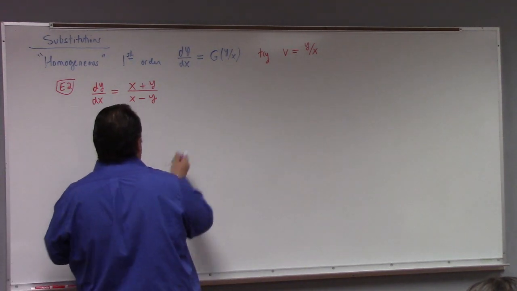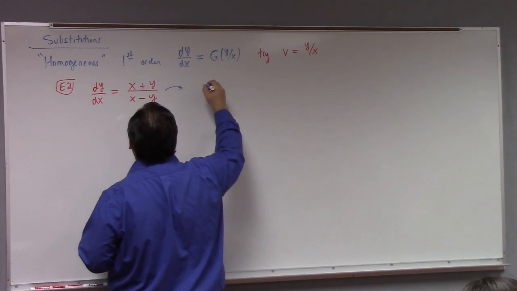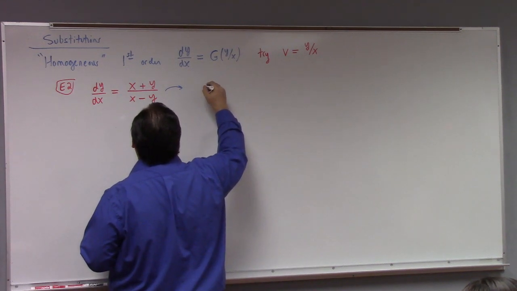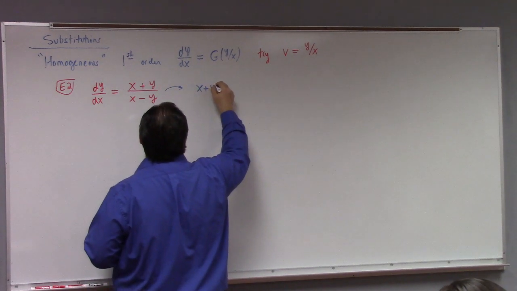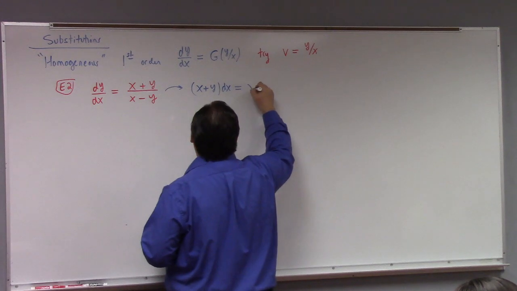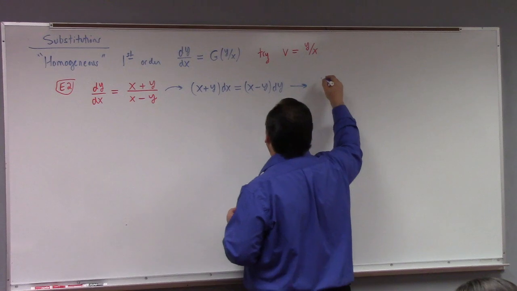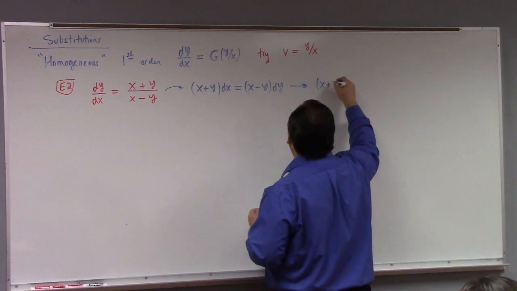This feels like it might be exact. I'm going to chase a rabbit here for a second, guys. How do we check if it's exact or not? We have (x plus y) dx is equal to (x minus y) dy. I rewrite that in the so-called Pfaffian form. Put all my differentials on one side, right?